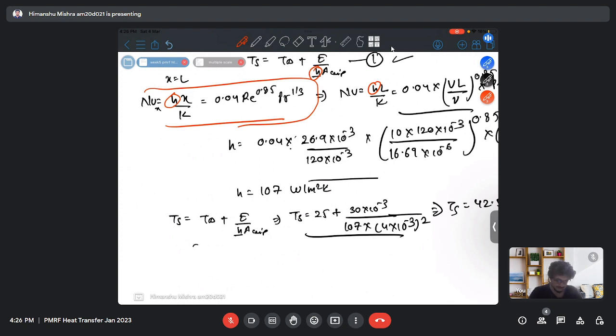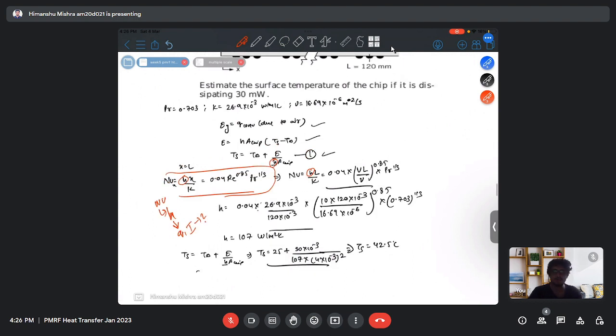So the main objective in a convection problem is to always find the heat transfer coefficient from the Nusselt number, and then to find the heat transfer or the temperature, whichever is unknown. So any doubt in this question?